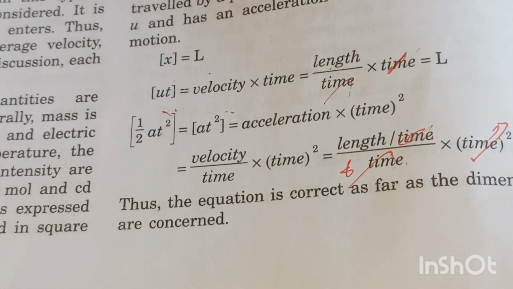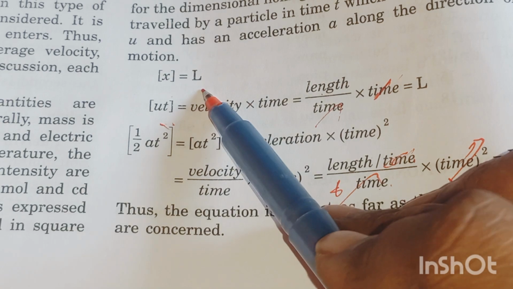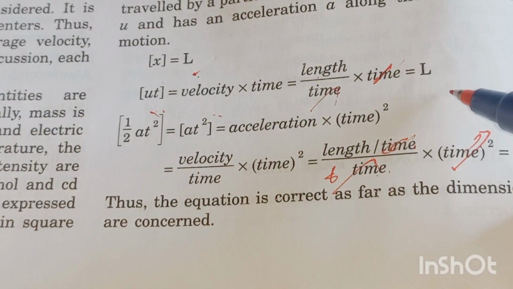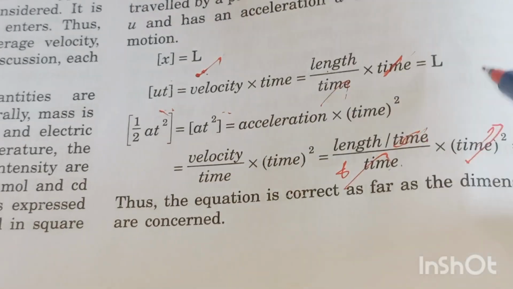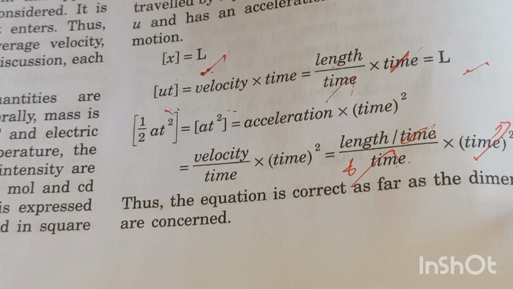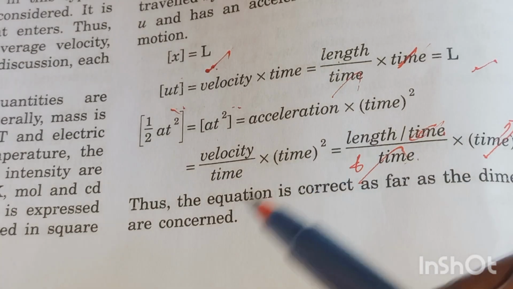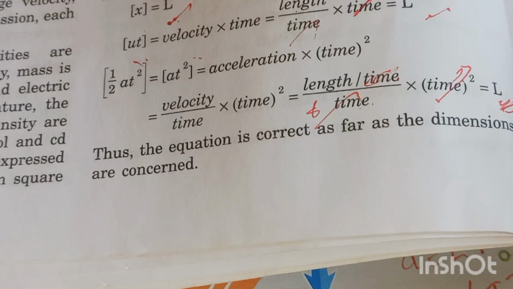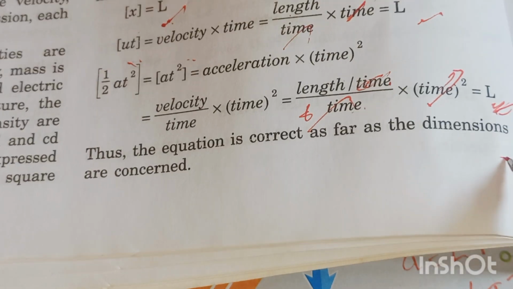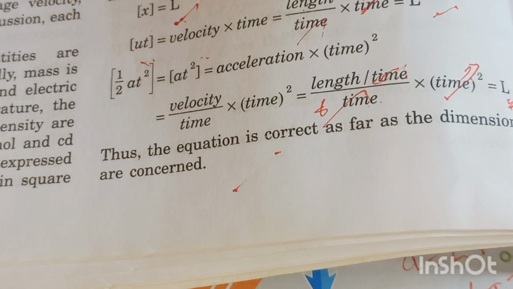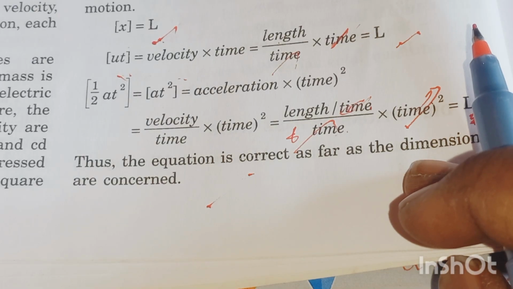All the time gets cancelled out. What we are getting? L. So therefore X is also length, that is L. The dimension of X is L, the dimension of UT is also L, and the dimension of AT square is also L. So lastly, thus the equation is correct as far as the dimensions are concerned. Or simply, in simple words you can write, hence the equation is correct.